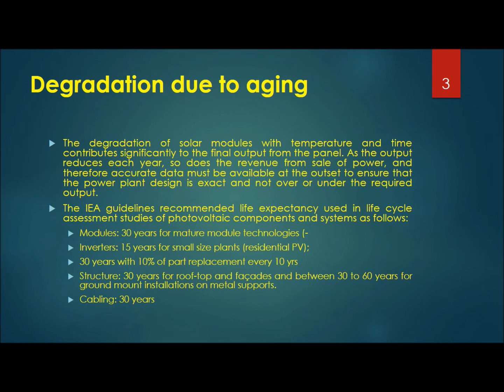For inverters, it is 15 years for small size plants, that is for residential photovoltaic, and 30 years with 10% of part replacement every 10 years. For structure, it is 30 years for rooftop and facades, and between 30 to 60 years for mount installation on metal supports, and for cabling it is 30 years.